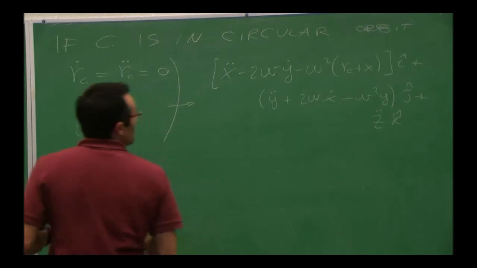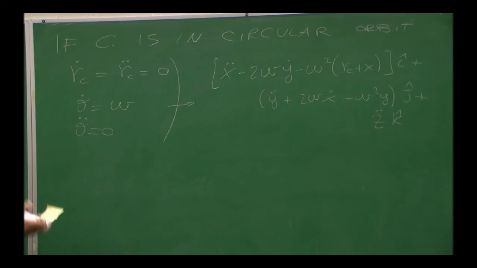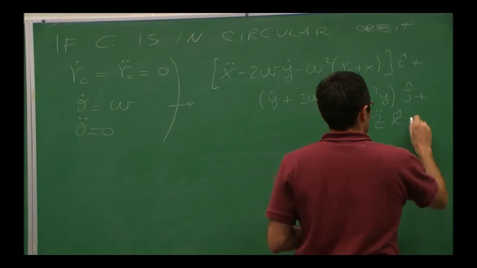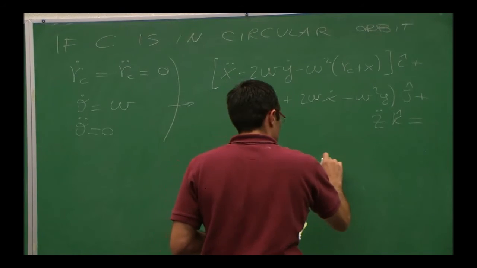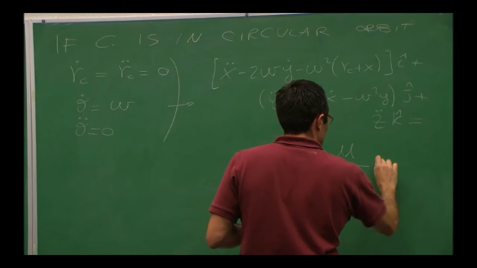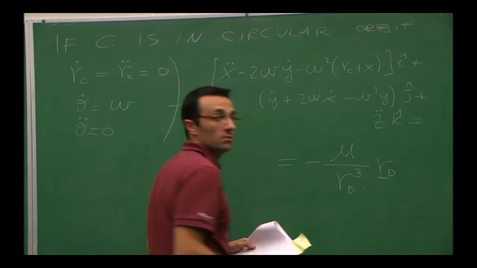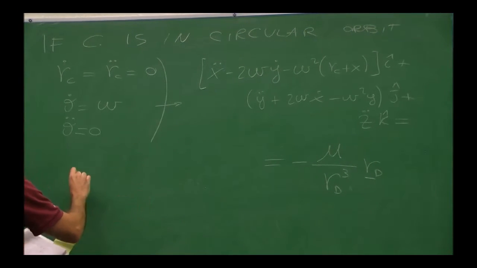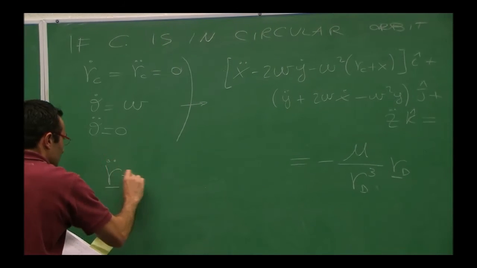And that's good. So this is equal to what? This is my acceleration. If I have a Keplerian orbit, this is equal to minus mu over the radius of the deputy cubed times the radius of the deputy. Right? I mean, all this painful stuff is to go down to this again.